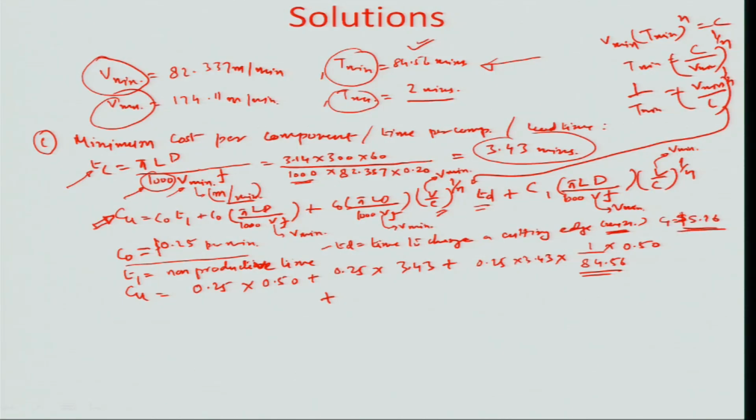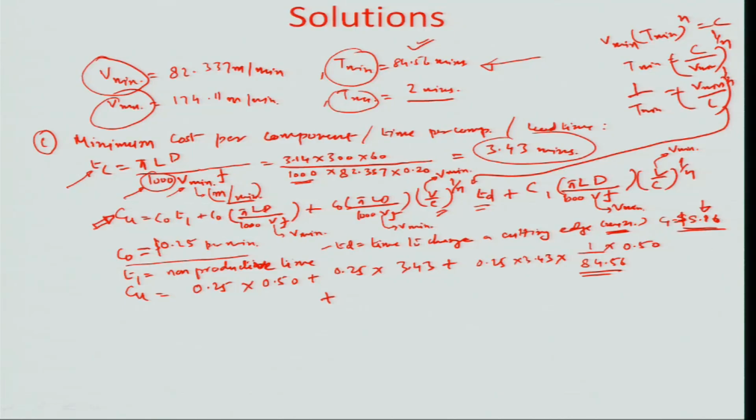If we just go back a few modules, we assumed that there are 6 times that a tool can be used with a new edge and then grinding it 5 subsequent times, and we accounted for the tooling cost per cycle of those 6 cycles, and also we accounted for the labor and overhead charges per cycle times the total amount of grinding time it would take for one edge, and that way per cycle we could estimate this particular cost of $5.16. So this C1 is now substituted here.